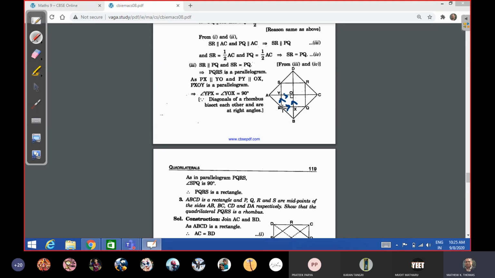So this figure PXOY is a parallelogram, and in a parallelogram opposite angles are equal. So angle P will be 90. And in any parallelogram, if I prove that any one angle is 90, that is sufficient to say that all angles will be 90. If all angles are 90, we can say that the figure is a rectangle. Okay, so I'm explaining the proof once again.